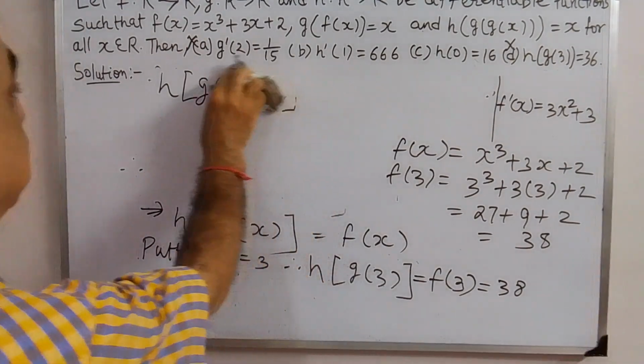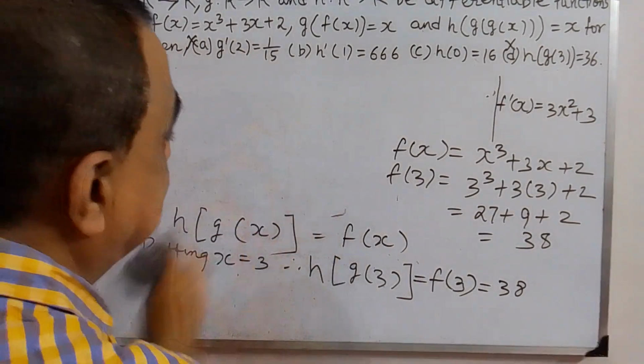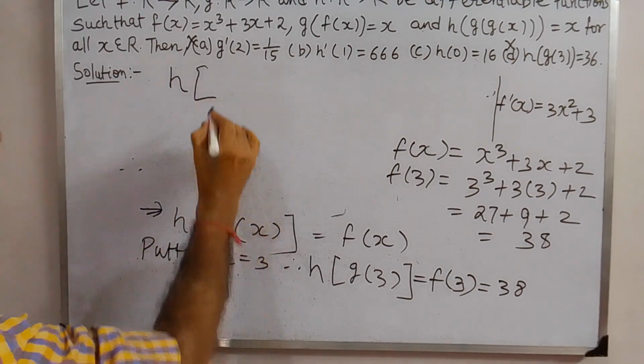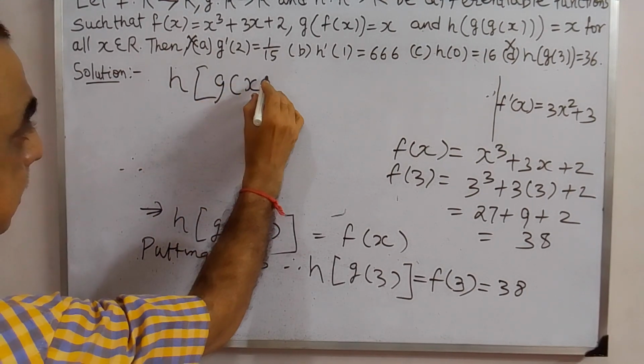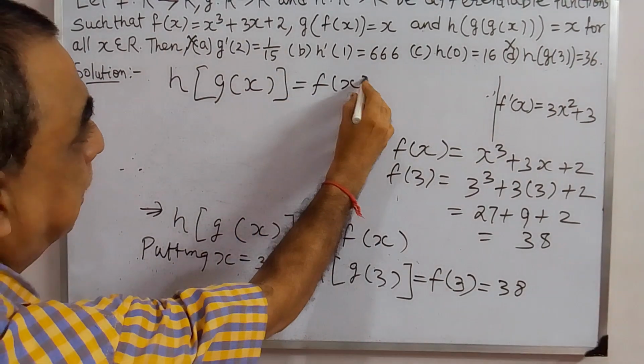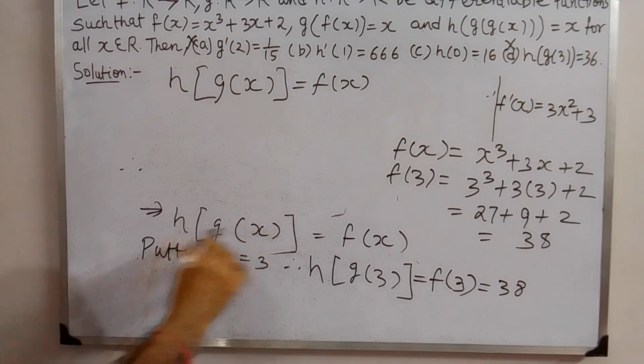Now see here, we have got h of gx is equal to fx. This part I have shown you, how I got this.